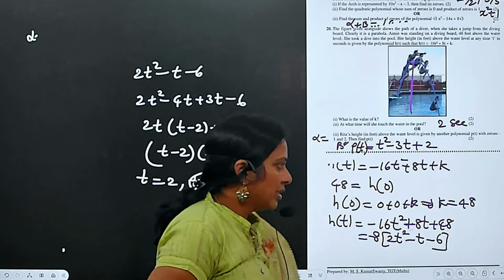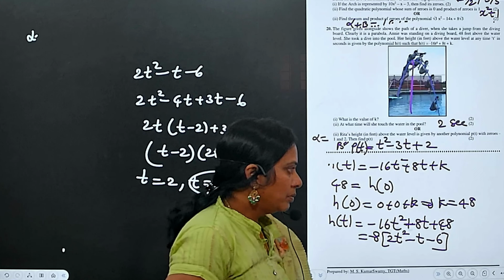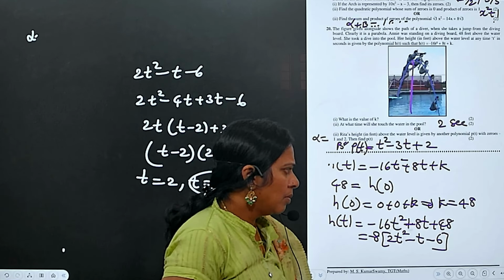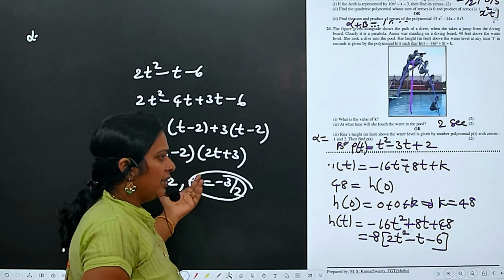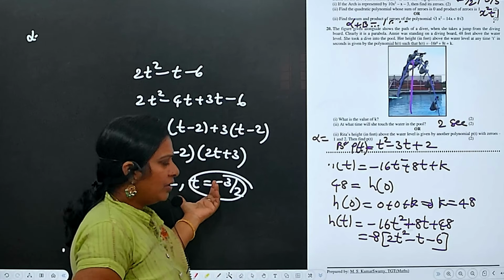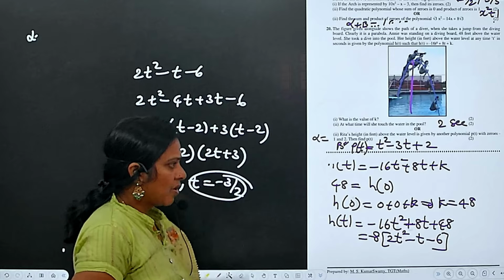K value 2 వచ్చిందా? అవును, T equal to 2, T equal to minus 3 by 2, T in seconds, T equal to 2 seconds.